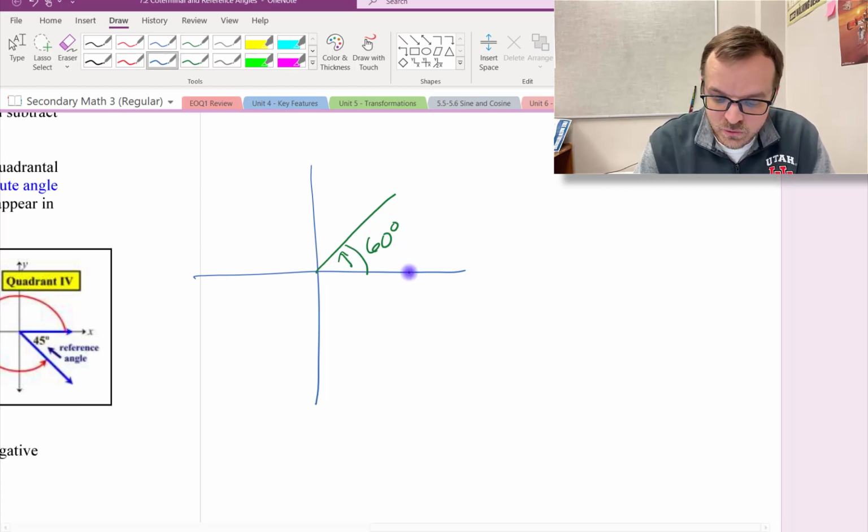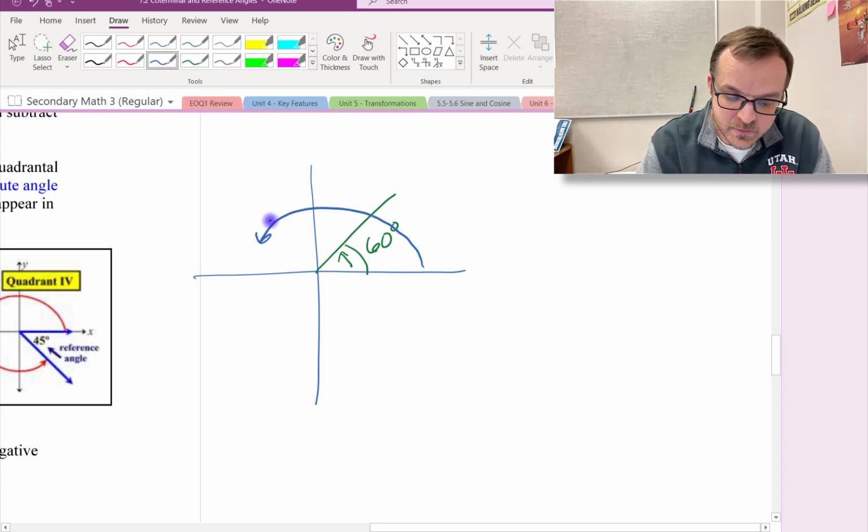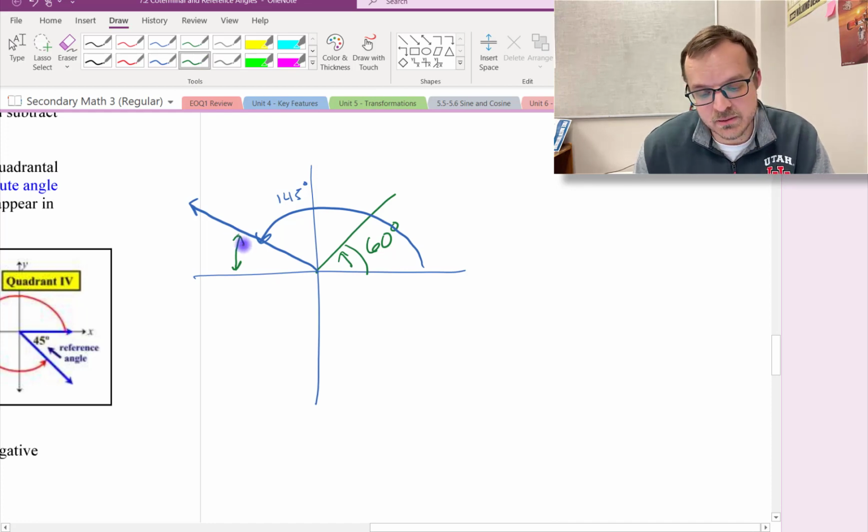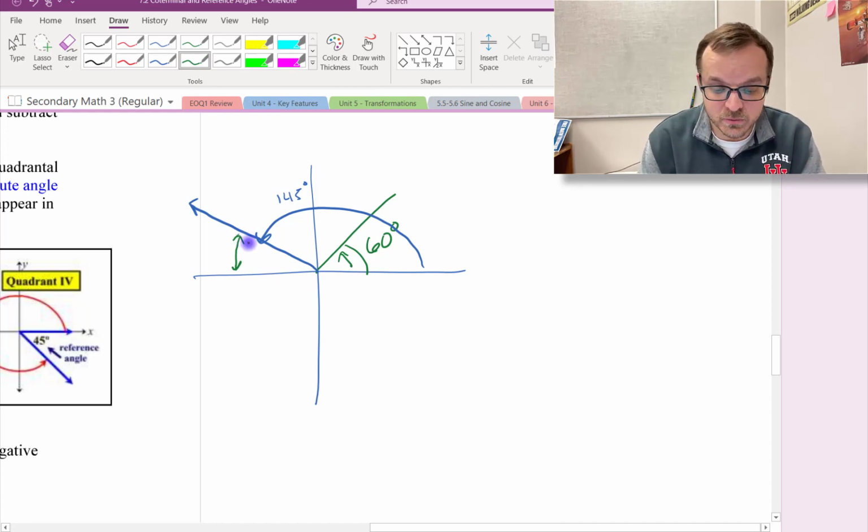If I were to have drawn all the way out here to, say, 145 degrees, the reference angle would be what gets us closest to the x-axis. So what would get me from 145 degrees to the rest of that angle, which would be 180 degrees, right?